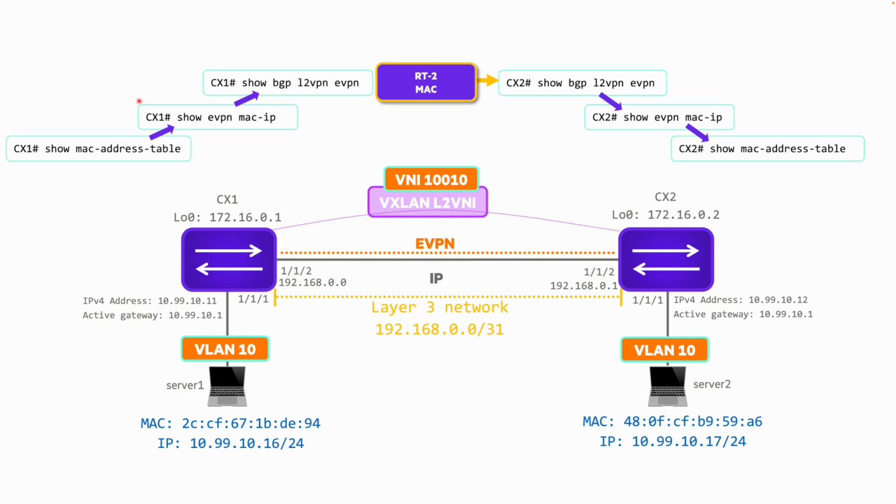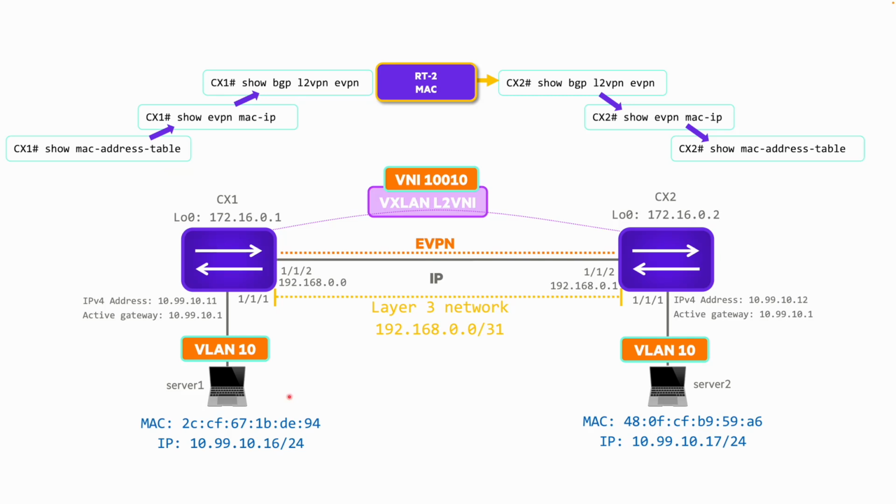If we were on CX1 and we were looking for server 2, I would be looking at the BGP table, EVPN table, MAC address table to see if I could ping across. So those three tables really give you some great insight into what's happening with EVPN. But depending on the point of view, depending on the process, keep that in mind, whether it's local learning or remote learning, in what table you want to look at first.